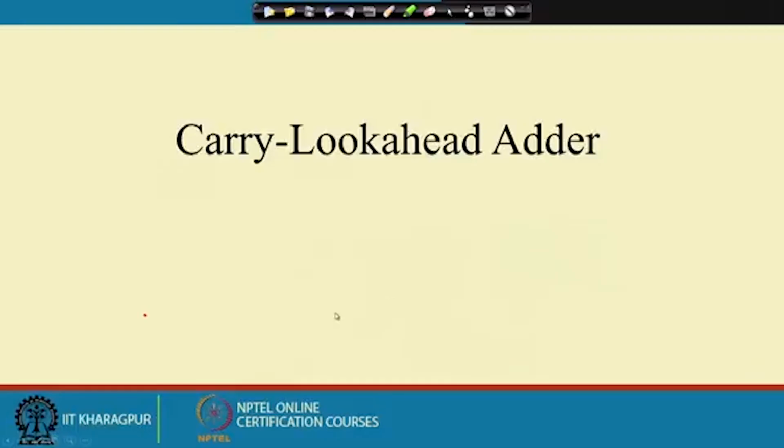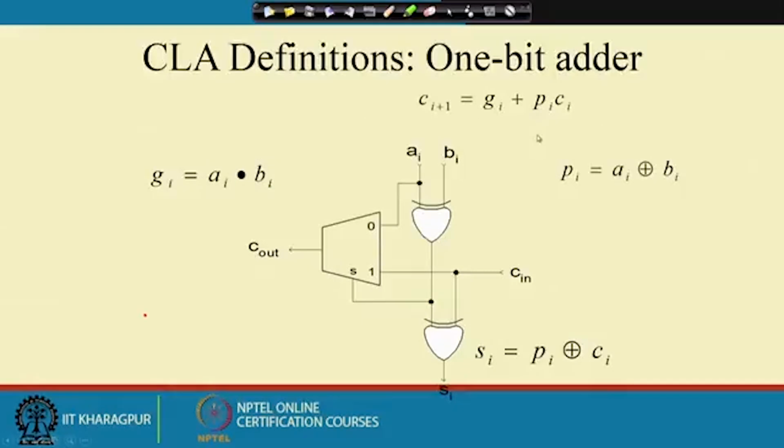Again, today we will see another architecture, which is the carry look ahead adder. In the carry look ahead adder, we have already seen that based on the input bits, the carry is generated and the carry is propagated. This is the logic A XOR B for carry propagation, and A AND B for carry generation.